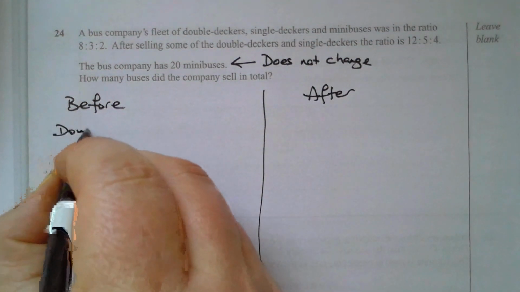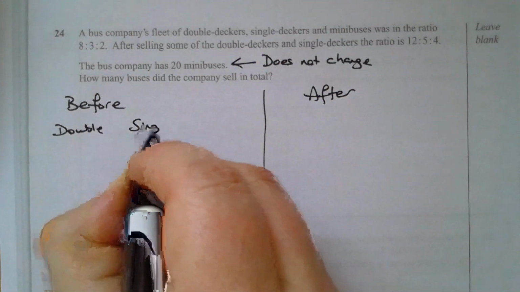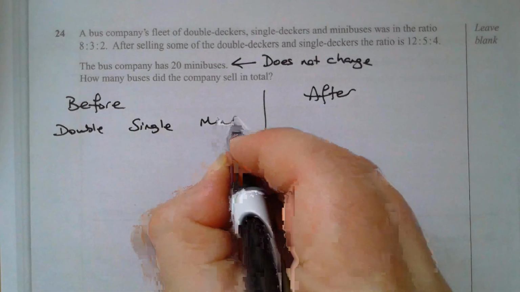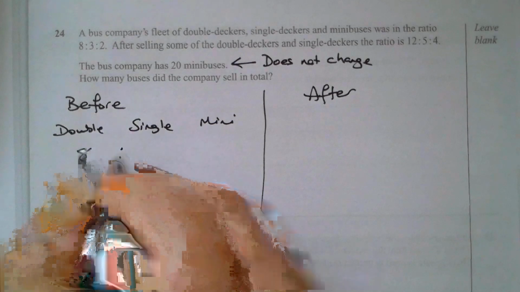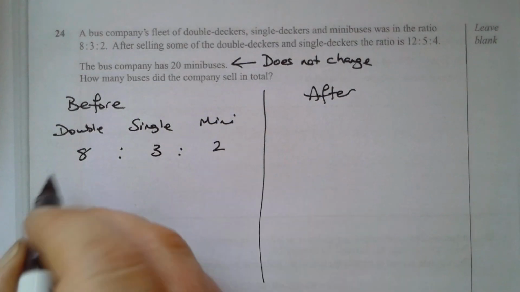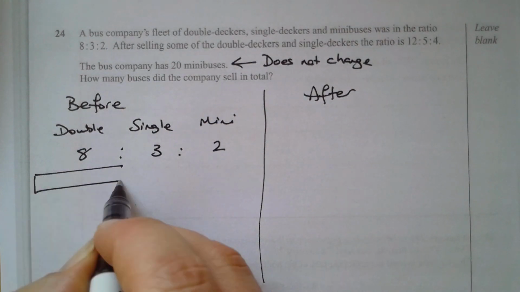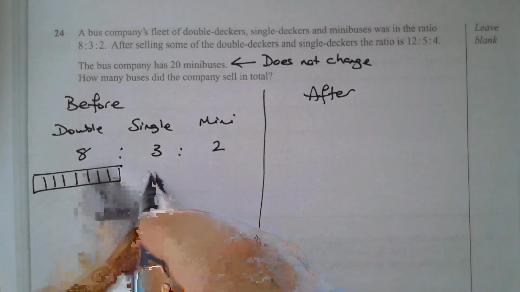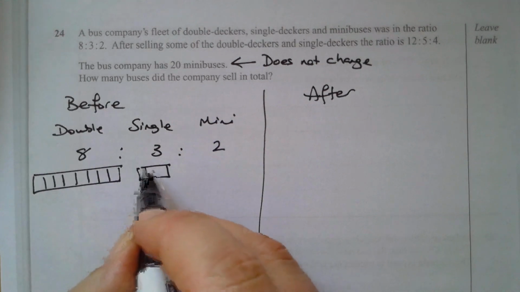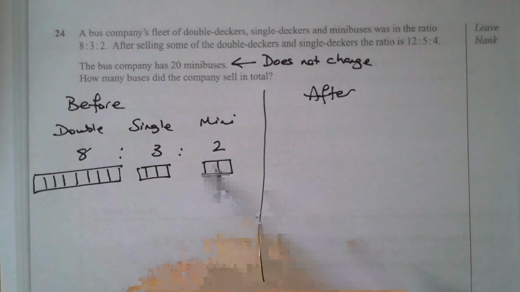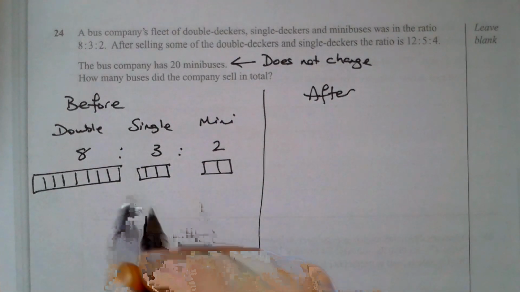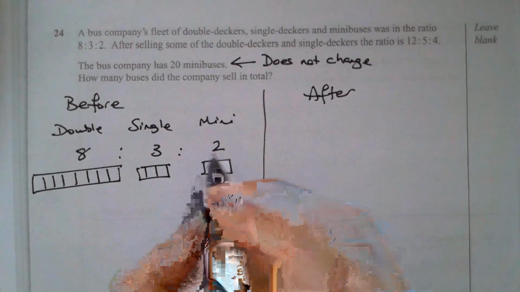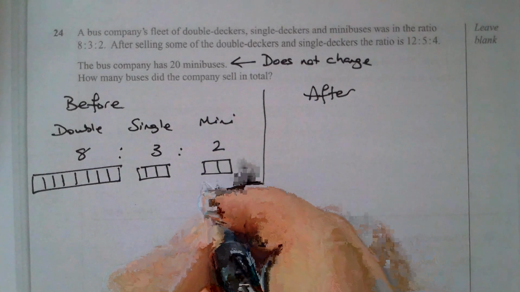Before double, all the same. We know that there are 20 minibuses.